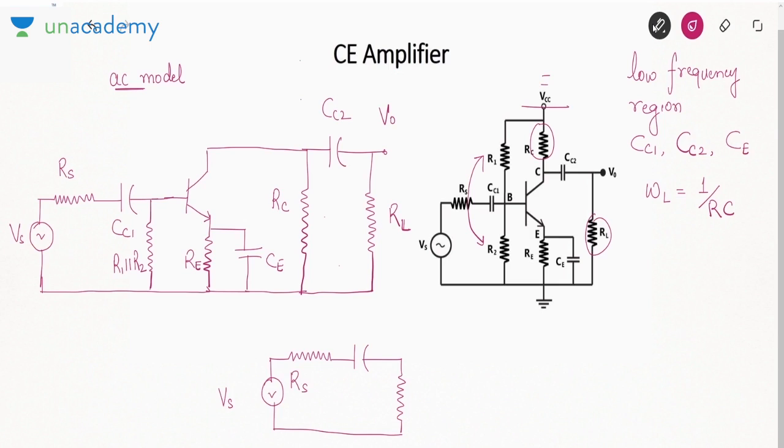In the low frequency region you can use any model, but as I told you in the previous videos, at high frequency only we will make use of the hybrid pi model. This is your beta RE, this is IB. Then we will have a current source, beta IB.